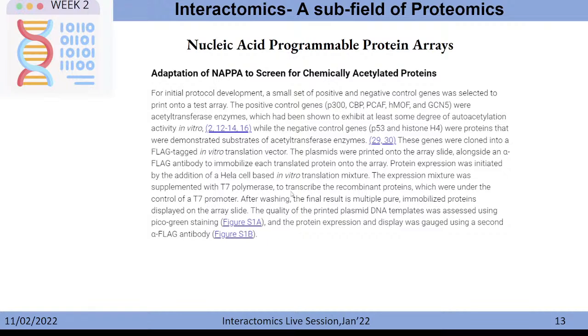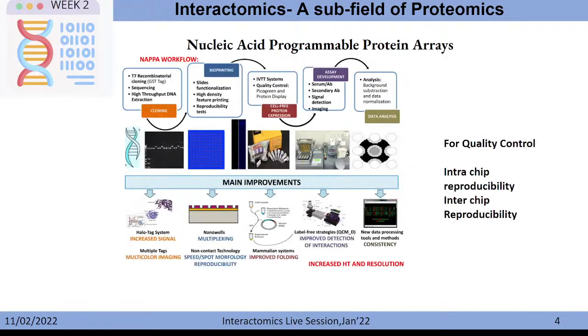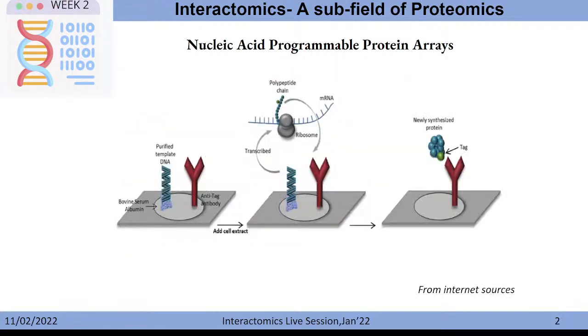I think now you can visualize the procedure for NAPA. That's why understanding the basic functionality of NAPA, how it works, is important, and you'll appreciate this slide and this technique.